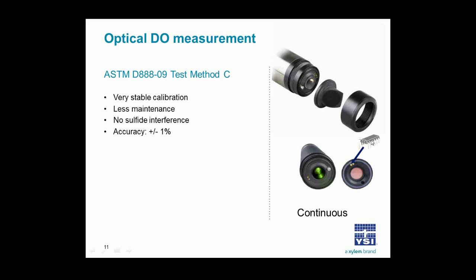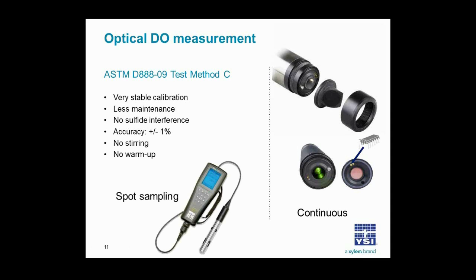This sensor is digital such that the calibration constants can be uploaded to the system through this chip built into the sensor cap. Now, for portable or benchtop applications, there are other benefits of optical DO. One of those is no stirring requirement and no warm-up requirement. So for spot sampling, for example, optical DO is just as applicable as it is for online process monitoring.